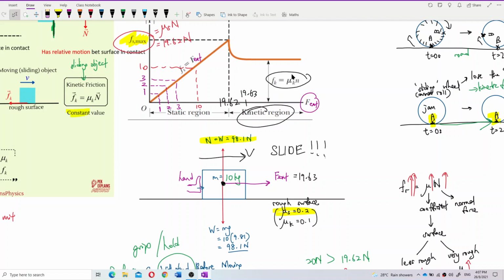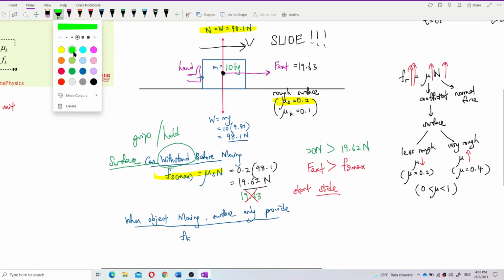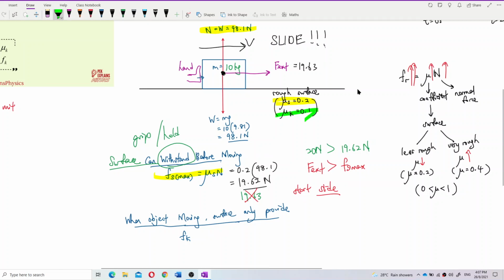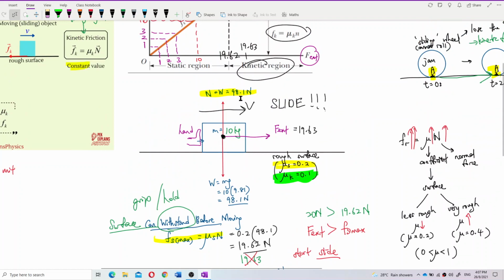So how to calculate this mu K n? We use this value mu k. When the object is moving, the surface only provides Fk, which is equal to mu K n. Mu k is 0.1, and it also depends on the normal force. The normal force is 98.1.